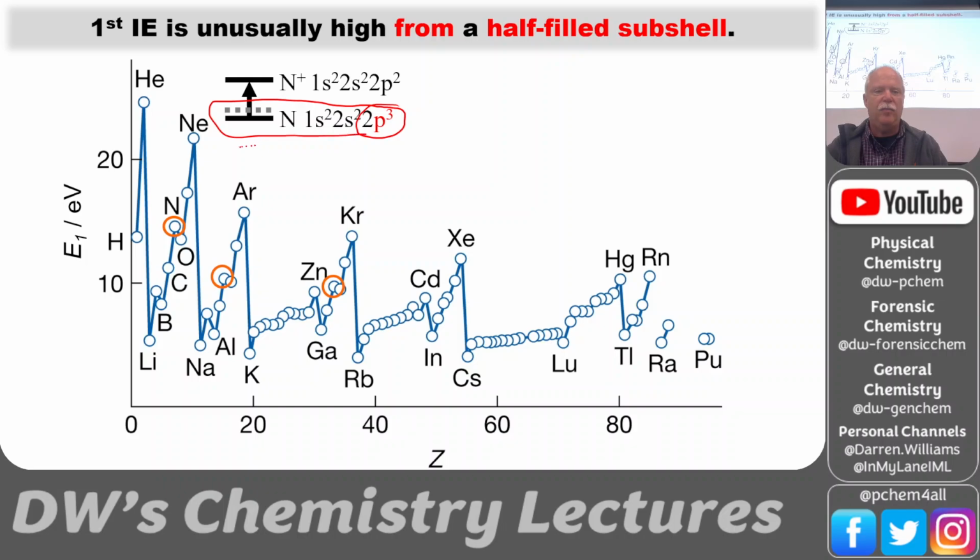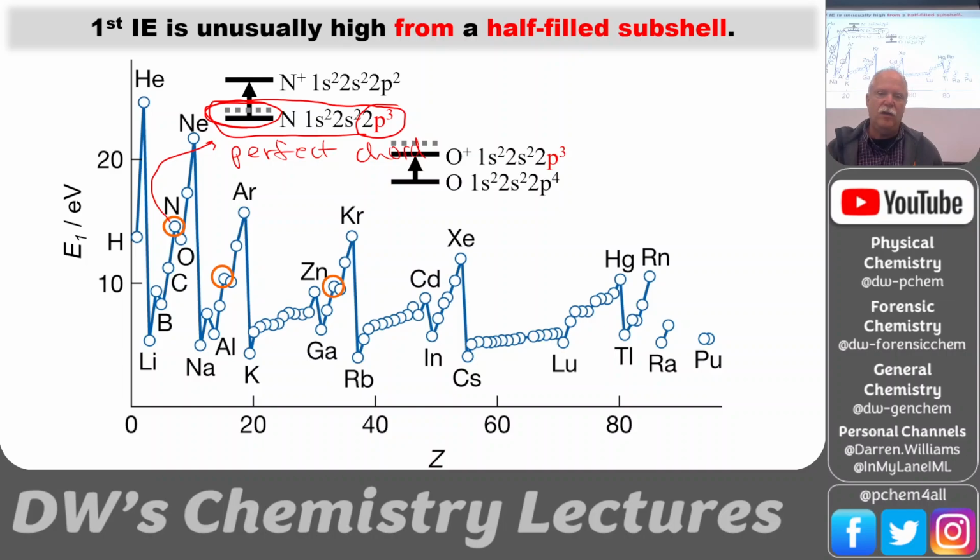Okay, perfect sound. And it's in the neutral, so it drops, making the ionization arrow longer. And so that's why nitrogen is so high. Whereas oxygen is one past that, and so you see the cation has the 2p3 in it.